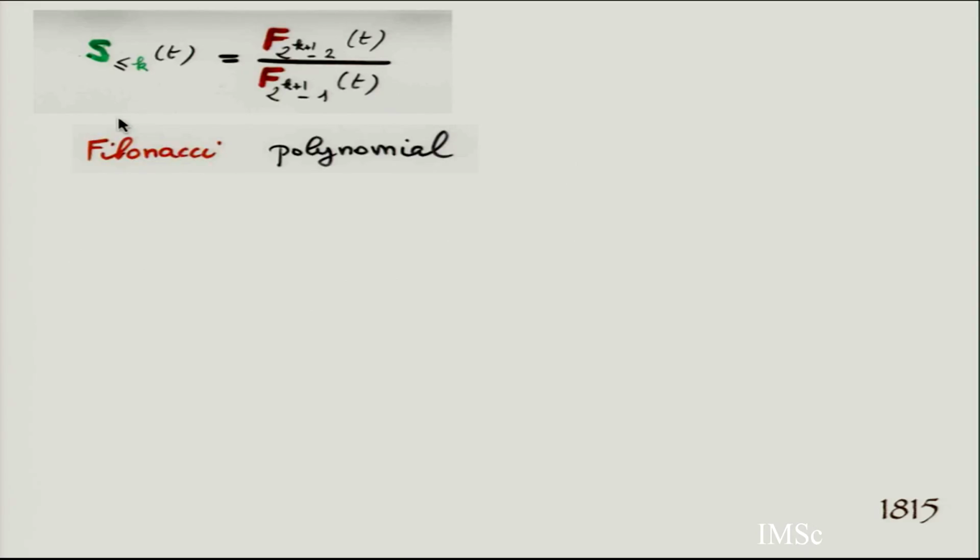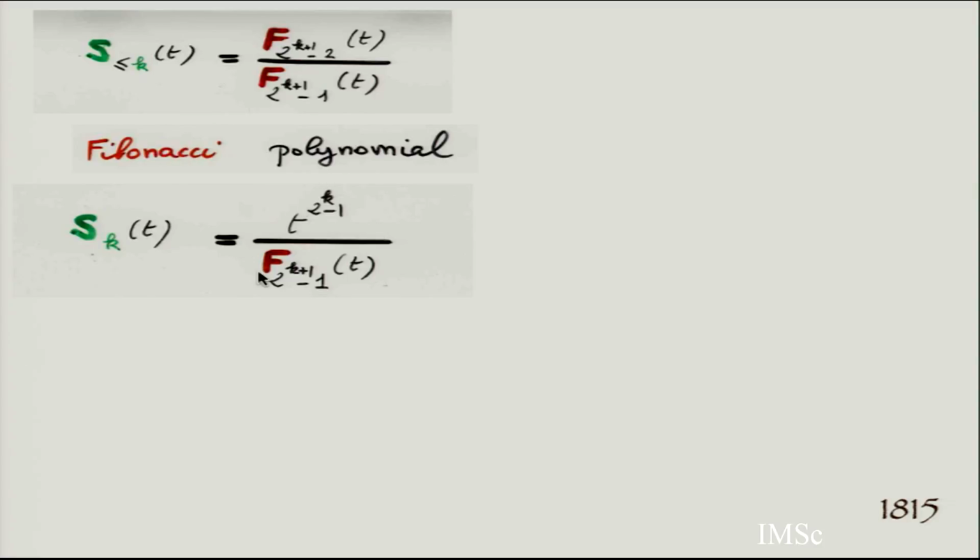And we know that the Dyck paths with height bounded by k, that is Strahler number less than or equal to k, give the ratio of two consecutive Fibonacci polynomials, but now with 2 power k plus 1 minus 1. Now if you want to have the Strahler number of the binary tree or the Dyck path with exactly logarithmic height equal to k, you have to take the difference of this and k minus 1.